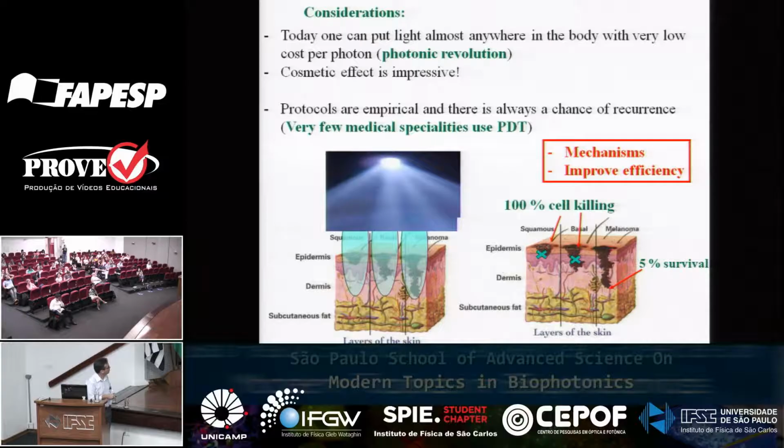If we make a molecule that kills a cell with a very small amount of light and a very low concentration, we are improving the efficiency of this molecule. That's why I think we should consider ways to improve efficiency. The way we think it's important is to learn more about the mechanism. If you learn more details, you'll be able to design better drugs. That's the main idea.